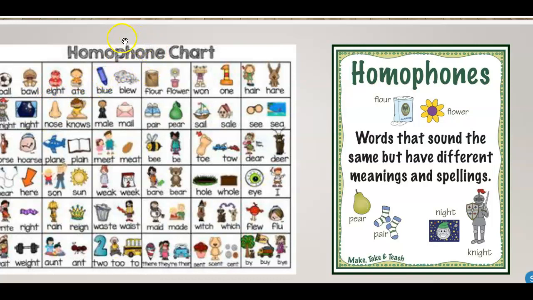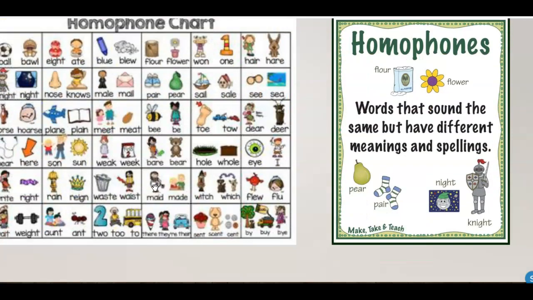They sound the same, but they are spelled different with different meanings. Or bare and bear. Bare can mean uncovered, or bear can be an animal. If you spell it differently, it changes the meaning. But it's a homophone because it still sounds the same. Feel free to pause the video and look through all the examples.